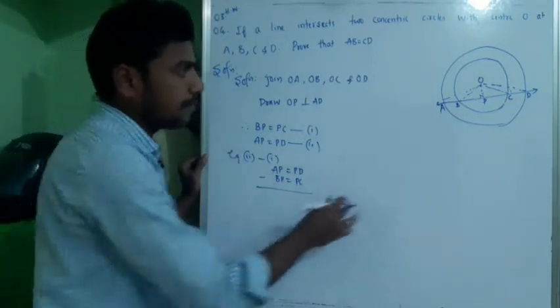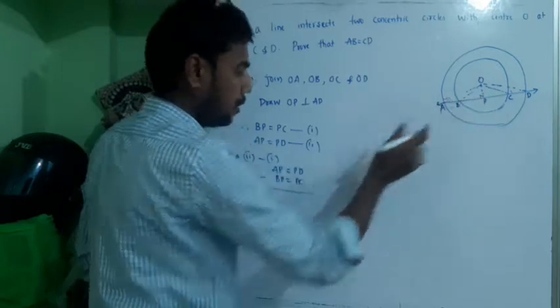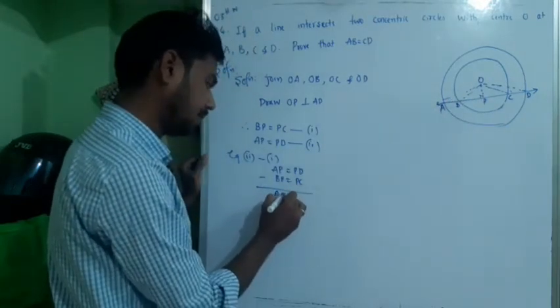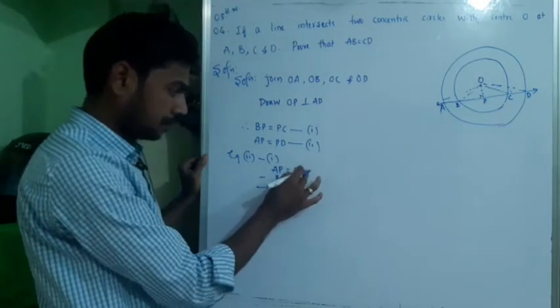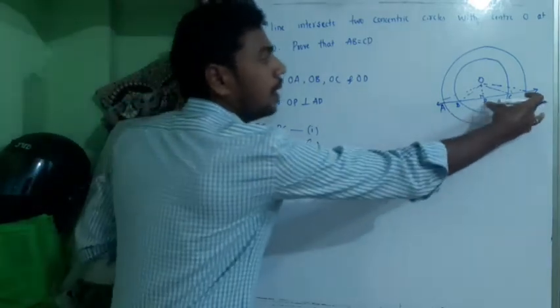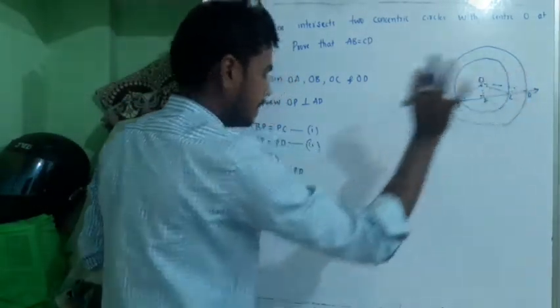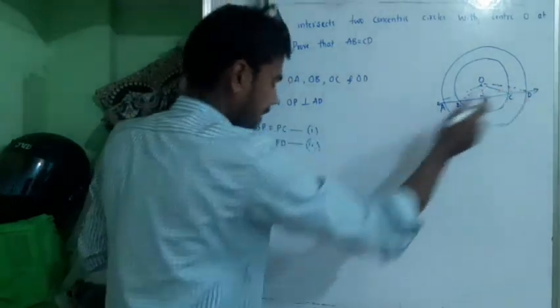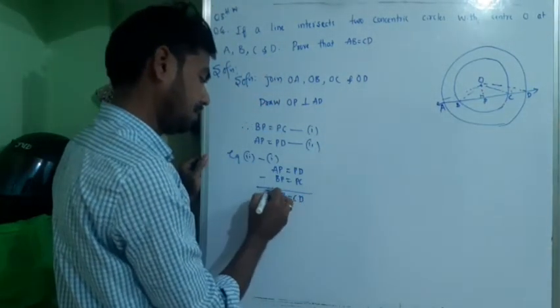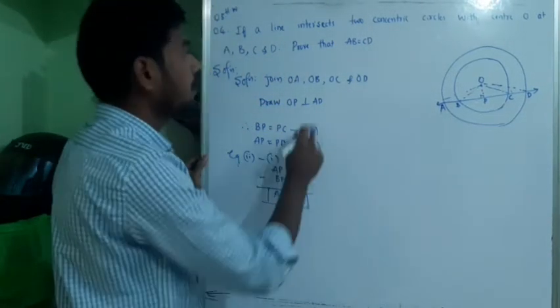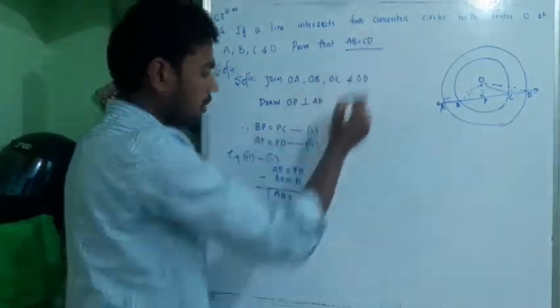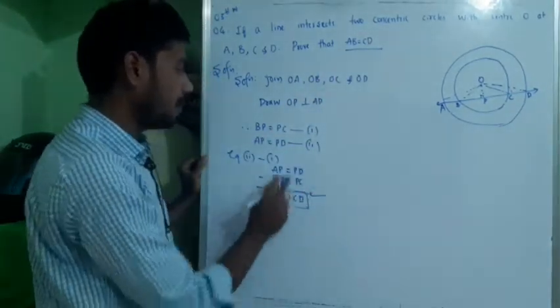AP minus BP will give me AB. PD minus PC will give me CD. That's it. So we were asked to prove AB is equal to CD. We proved it.